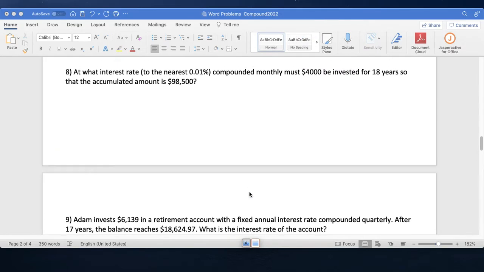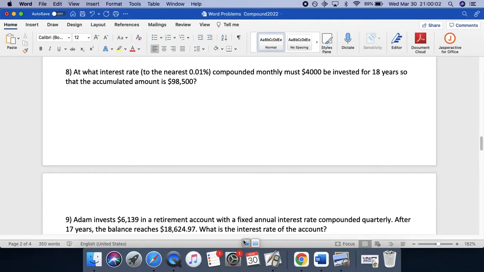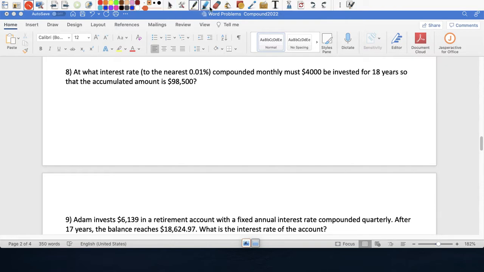8. What interest rate? Oh, so this is the tough one. So let's plug in our values. Our interest rate is going to be our unknown. So I want my bank account to have this much money at the end. I'm going to put $4,000 down, times 1 plus the interest rate, I'm going to leave it at R. Compounded monthly, so divide that by 12.